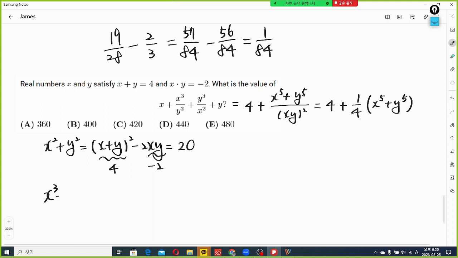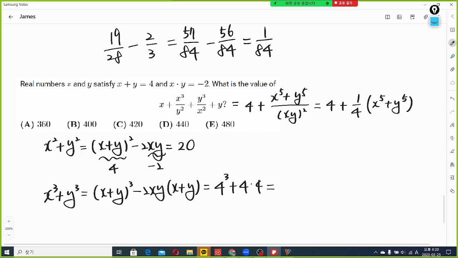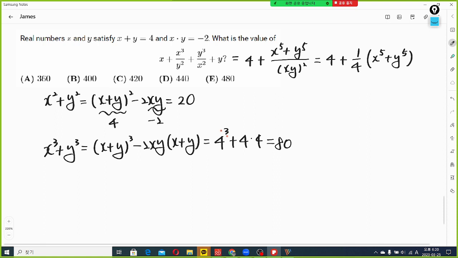And we also need to find the sum of the cubes. So the sum of the cubes is 80. And to find the sum of the fifth powers, multiply these two and subtract.